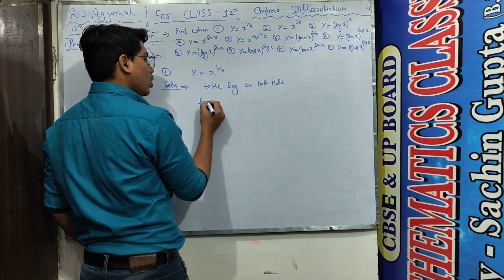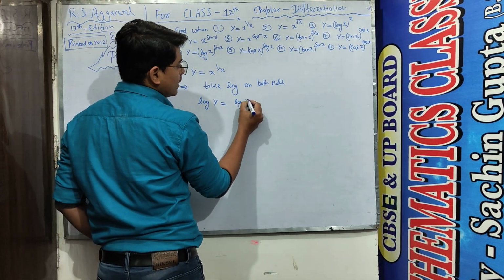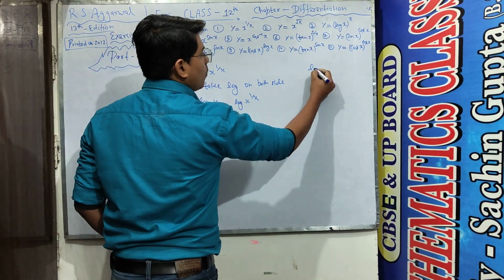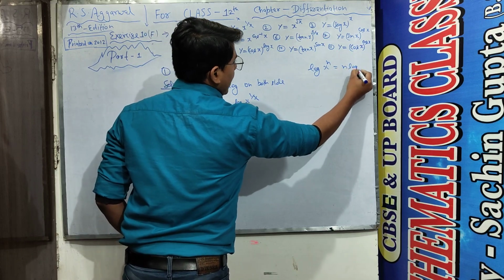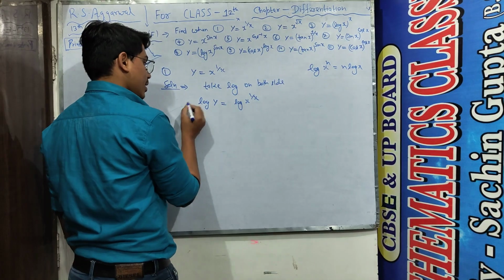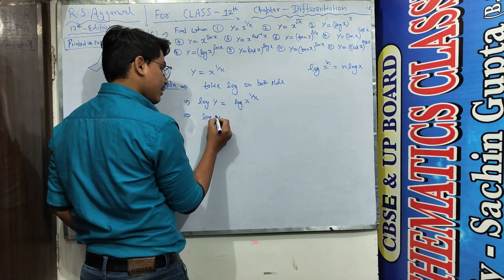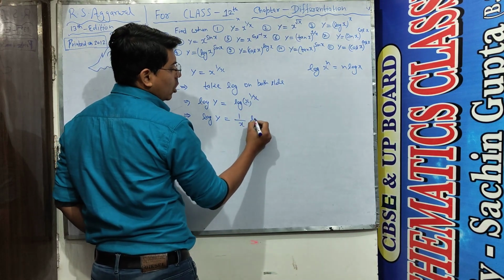Then it becomes log y equal to log of x raised to the power 1 upon x. And we know that the formula of log x raised to the power n is n times log x. This formula is written here, you can see. Now this power comes before the log x.